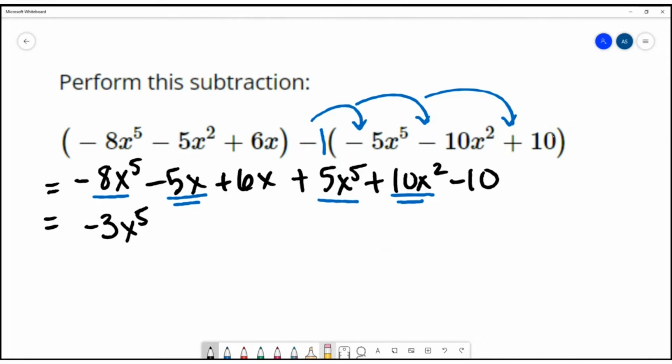That's a squared. Negative 5x squared plus 10x squared combined together to be 5x squared. And then the remaining terms of 6x and 10, those are not like terms, so I'll just copy those down, plus 6x minus 10. So for the subtraction, we get negative 3x to the fifth plus 5x squared plus 6x minus 10.